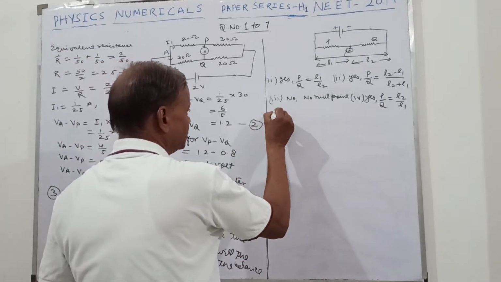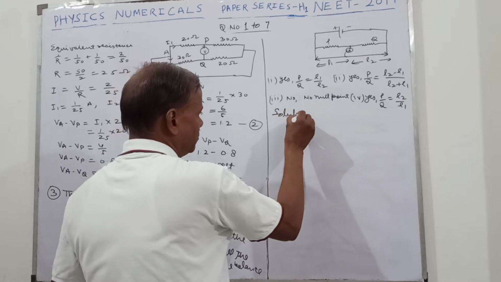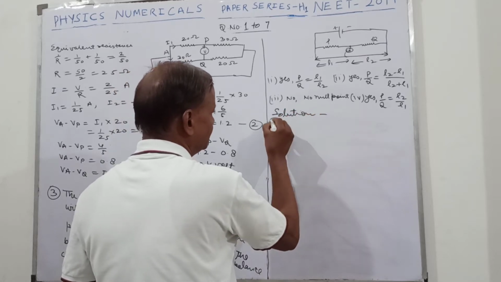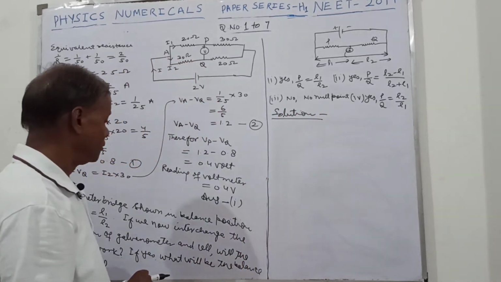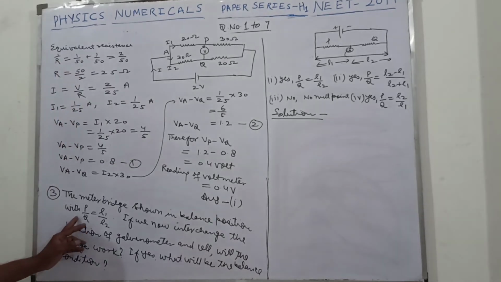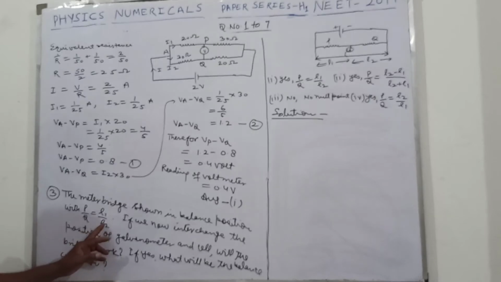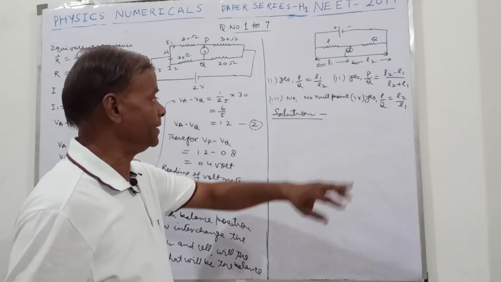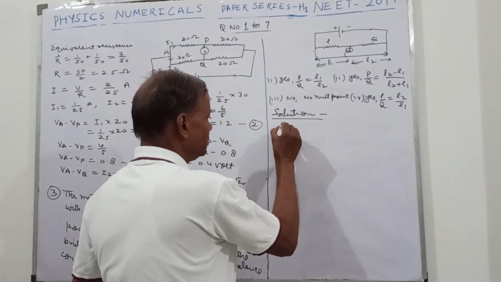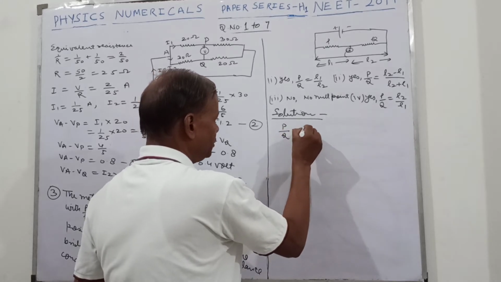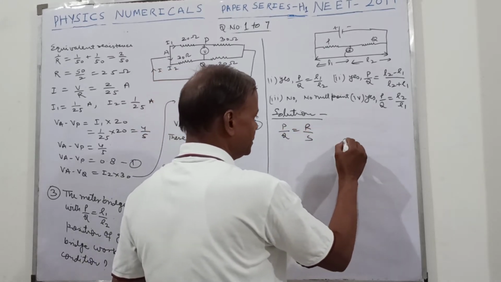Now solution. What is given in question? This is given the condition. The bridge in balance, so P upon Q equal to R upon S. We have the formula P upon Q equal to R upon S. This is like this.